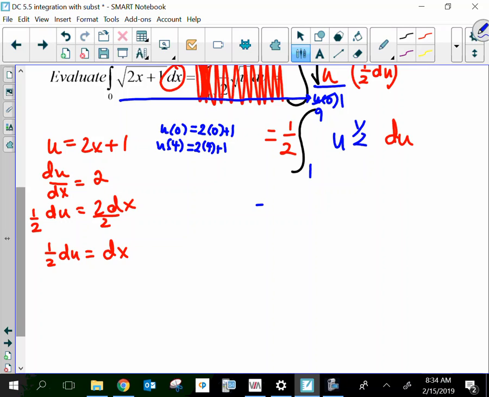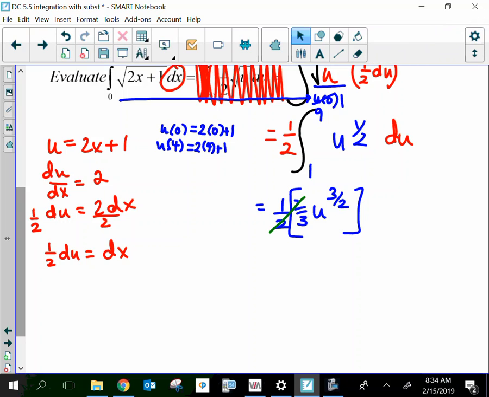Okay, here we go. What is the antiderivative, Miss Sophia? Nice. We're dividing by 3/2, which is multiplication by 2/3. Good job. Now, this 2, there's no point in hanging that around. Just cancel it out. So really, I have 1/3.